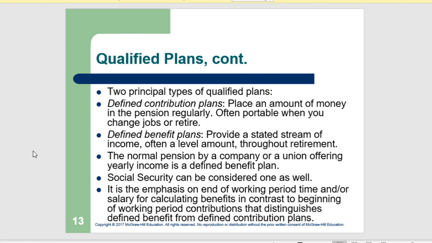A really common example of a defined benefit plan that comes up a lot is for active duty military service people. After 20 years, they are entitled to a retirement benefit.